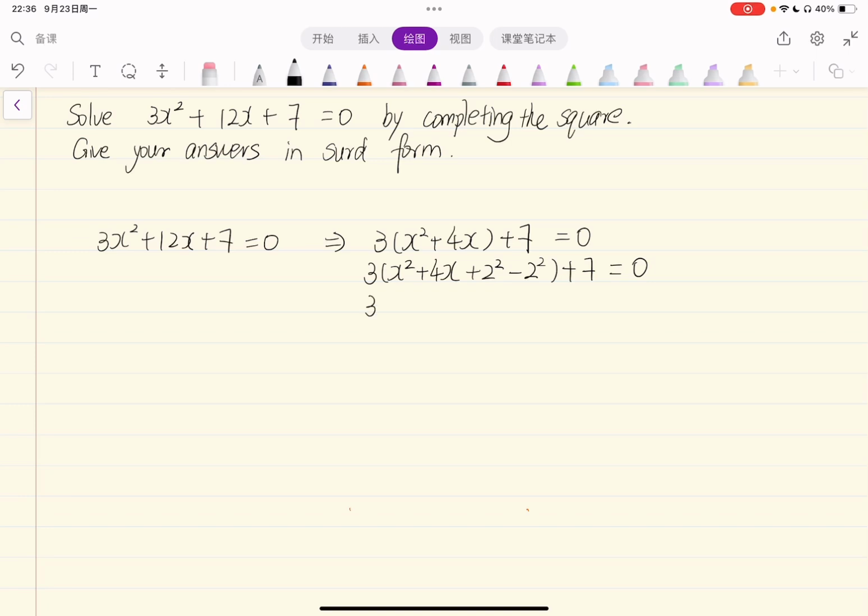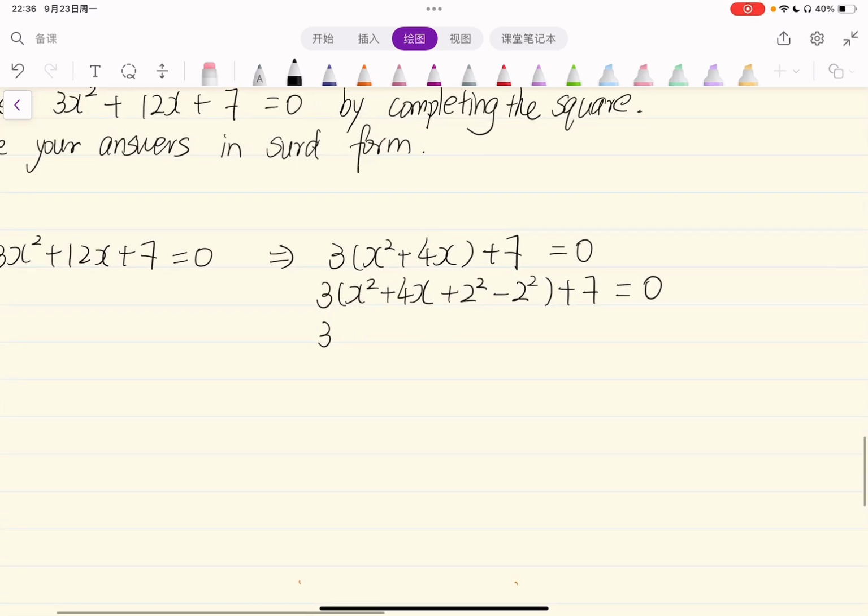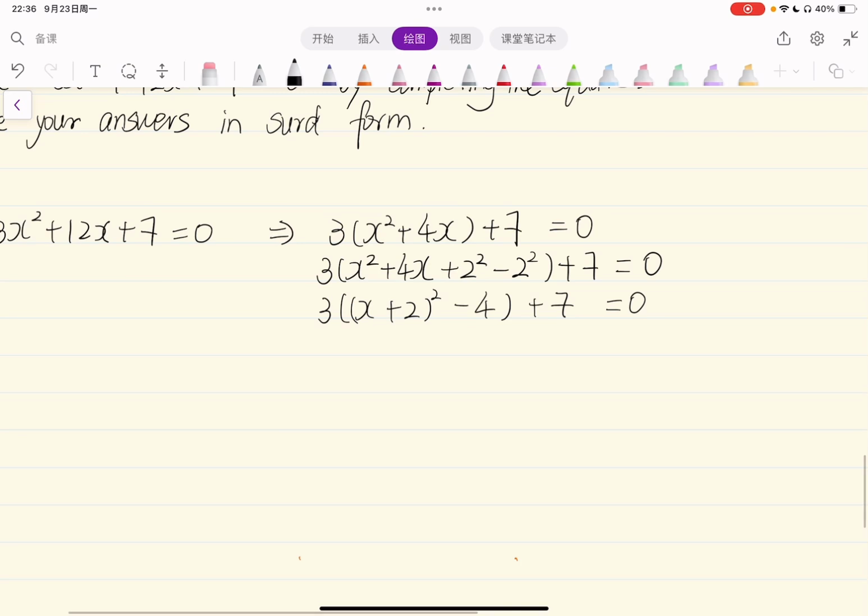So we have 3 times x plus 2, bracket squared, minus 4, bracket, plus 7 equals 0. What we need to do is take the 4 out of the bracket, which is 3 times x plus 2, squared, minus 12 plus 7 equals 0. So we have 3 times x plus 2, bracket squared, minus 5 equals 0.